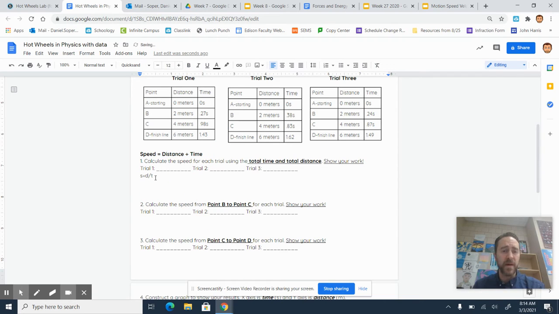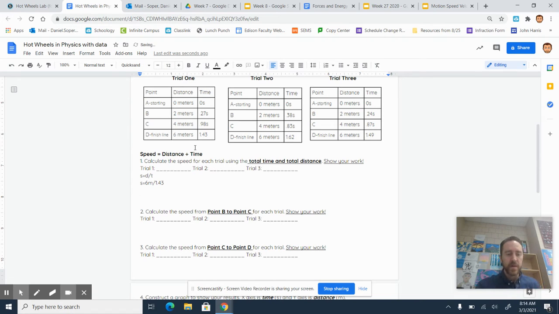If you work that out, let's do the first one together. Speed equals 6 meters divided by 1.43 seconds. If you plug that into your calculator, 6 divided by 1.43 seconds is 4.195.